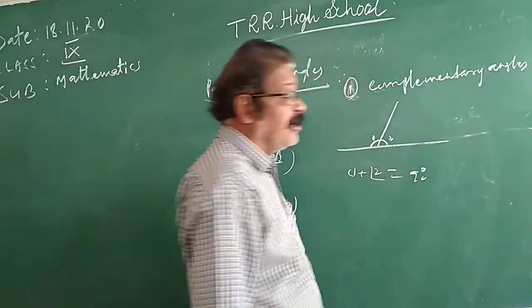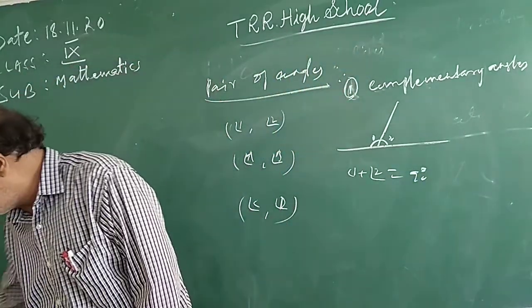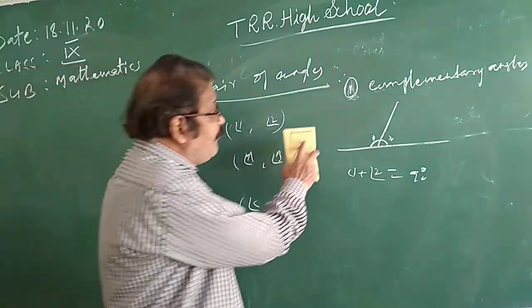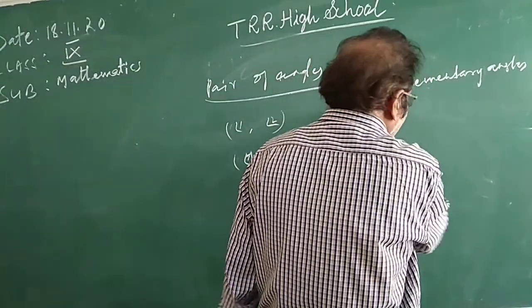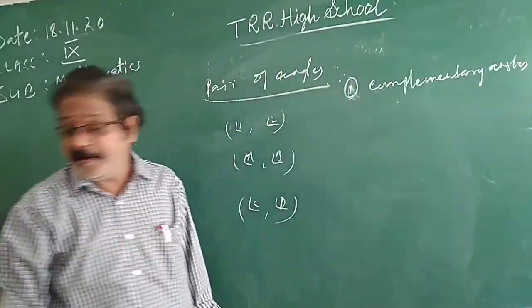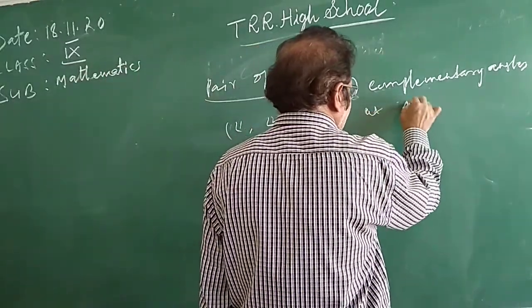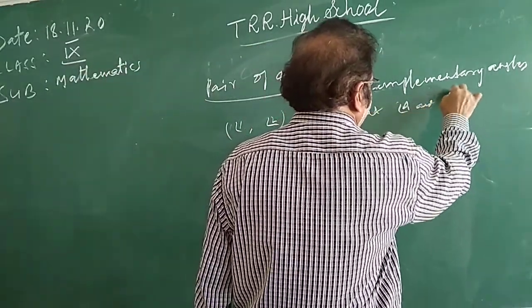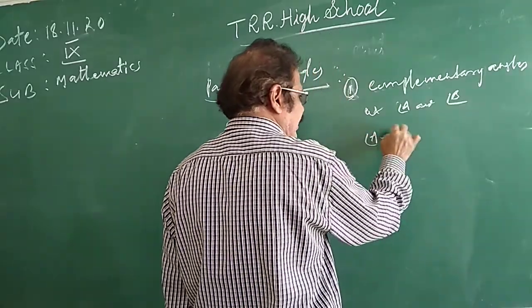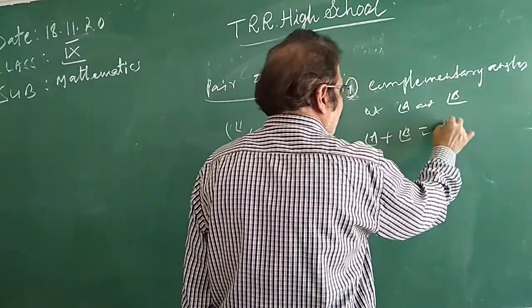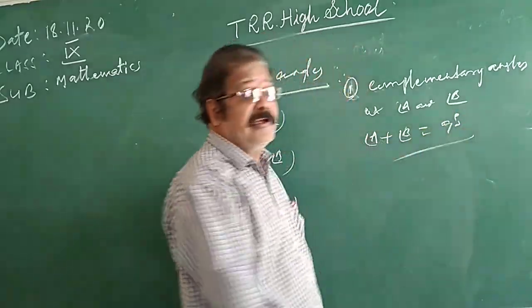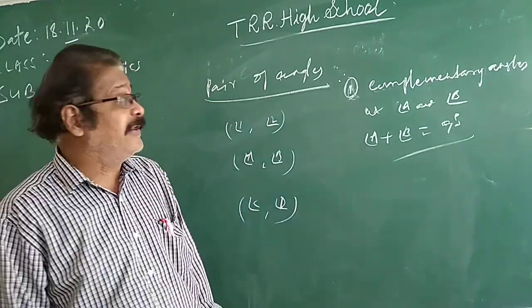If the sum of two angles is 90 degrees, they are called complementary angles. Suppose angle A plus angle B equals 90 degrees, then A and B are called complementary angles.